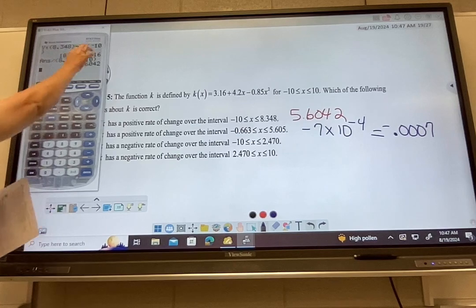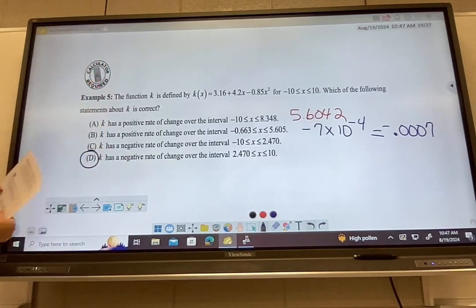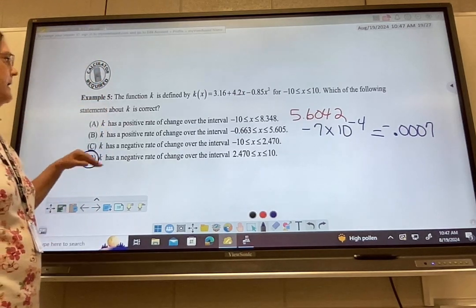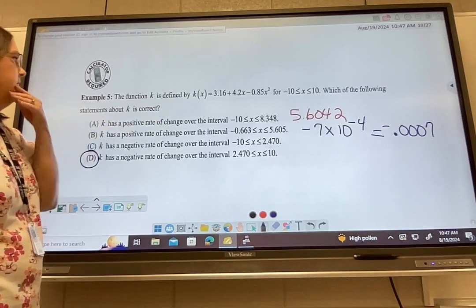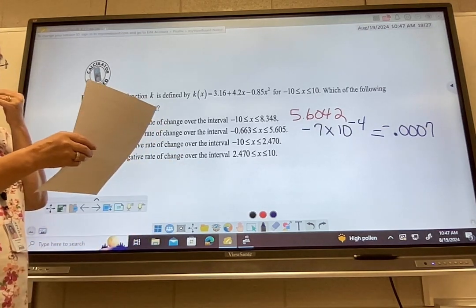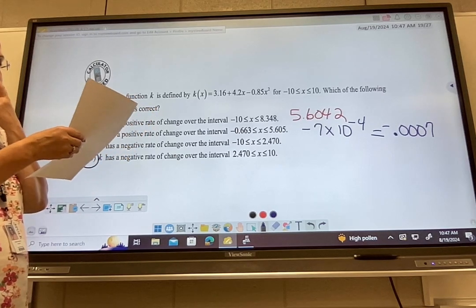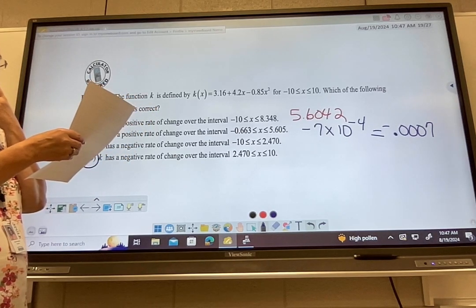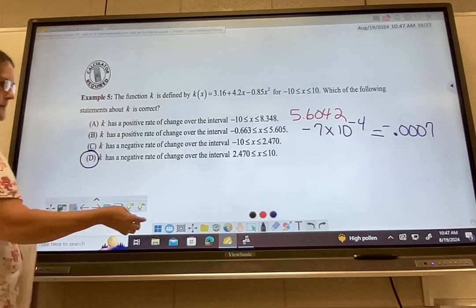Okay. We will move on and I will look at that because letter A says a positive rate of change and it does have a positive rate of change there. I even looking at the graph, it does.